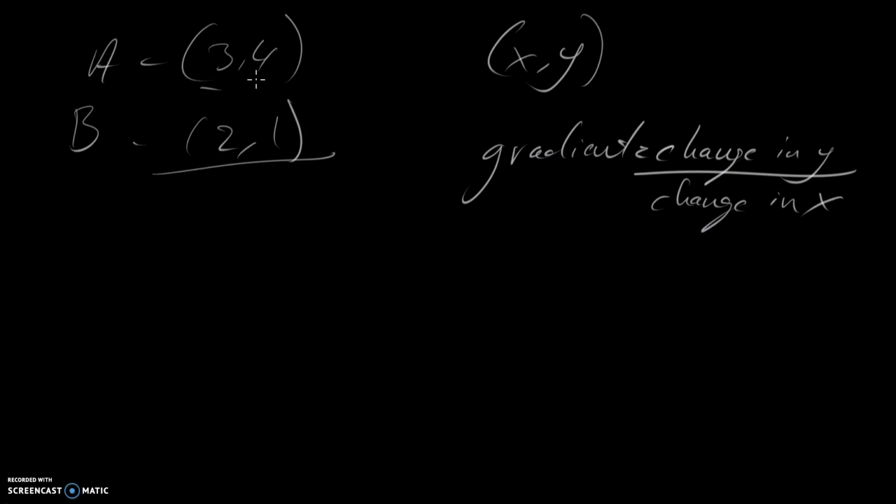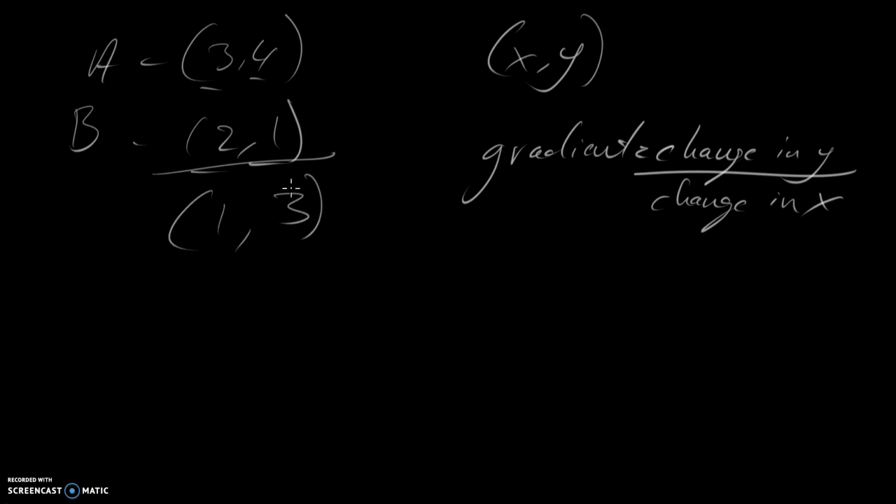So this is x, this is y, this is x, this is y. So we find the difference, which is the change basically. Change in y and change in x is the same as saying the difference in the y and x values. So let's find the differences. 4 take away 1 is 3, and 3 take away 2 is 1.